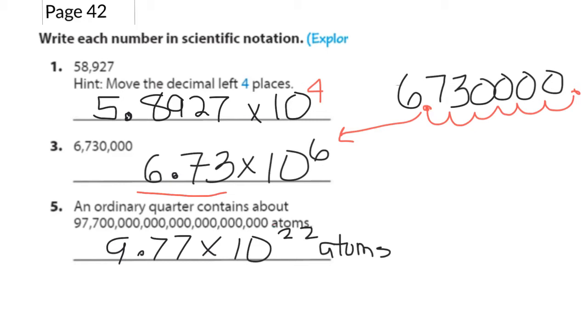I just started counting, and since these are in groups of 3, I went 3, 6, 9, 12, 15, 18, 21, 22. So that's where my 22 came from, and I kept my significant digits and got rid of all those zeros. I also labeled this. This was a word problem, and this number represents atoms, so I did label it.